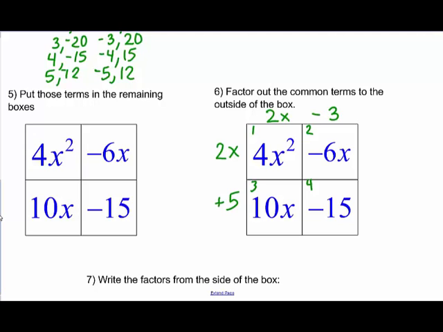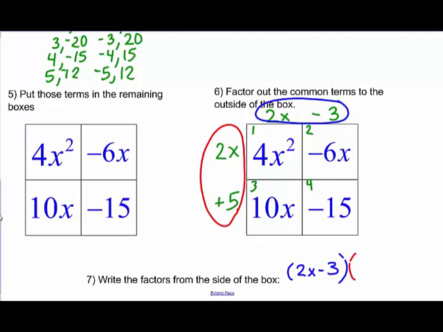So whatever you have up top, this 2x minus 3, that's one of our factors. And whatever we have on the side, 2x plus 5, is our other factor. And we have factored that polynomial.